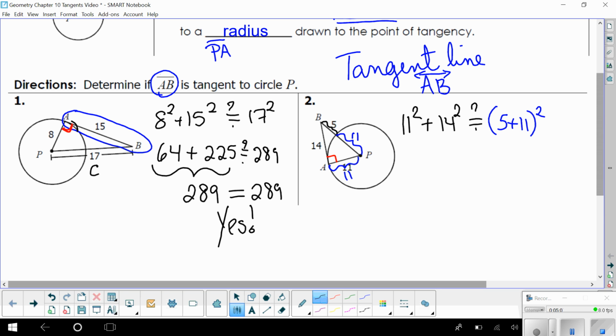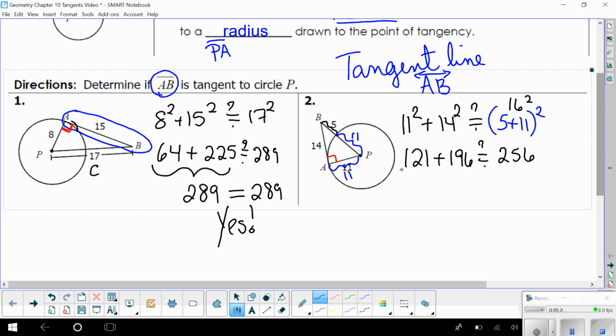Okay, so 121 plus 196, does that equal, now this right here is going to be our 16 squared, which is 256. This right here is 317.